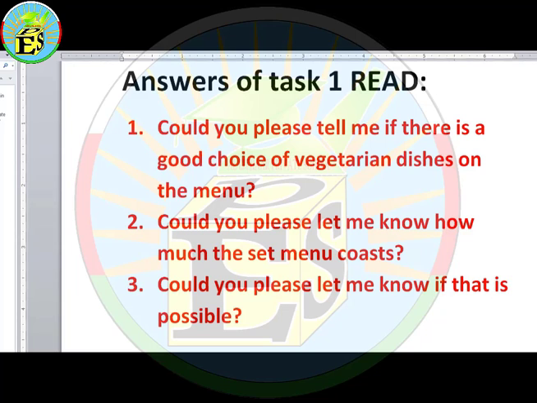The number of these answers are related to the number of the notes that we have in yellow color right next to the advertisement. So the first request is not in paragraph 1, it's in paragraph number 2.